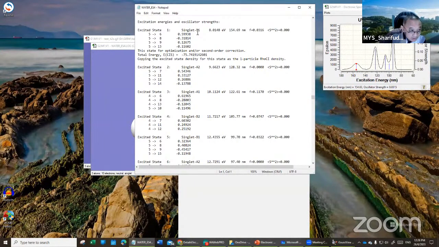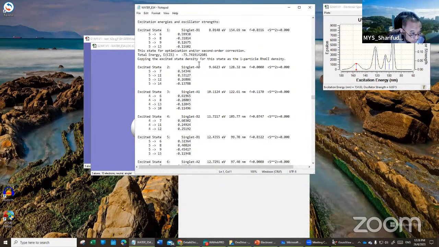So the transition which gives this energy, which is at 154 somewhere there, is this transition here, 154.69 nanometers. The oscillator strength is not very good, but it's okay, 0.0316. So this one is an allowed transition because it's A1 to B1. Okay, A1 to B1 is allowed.